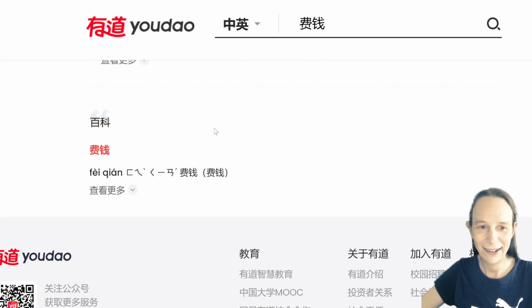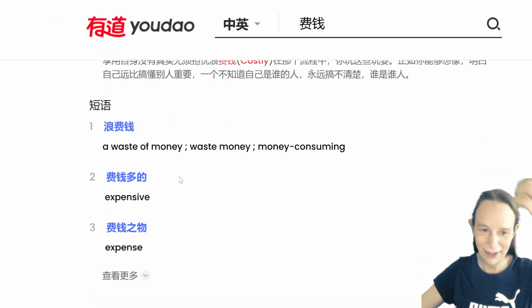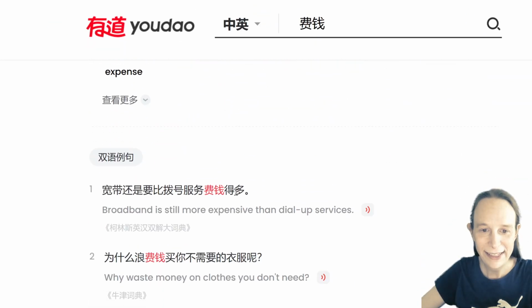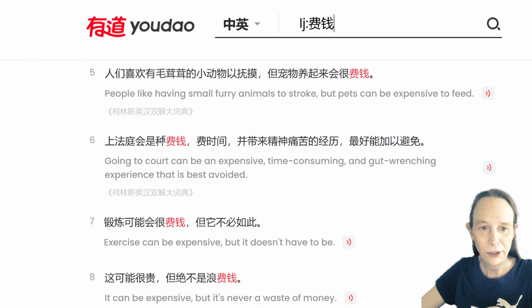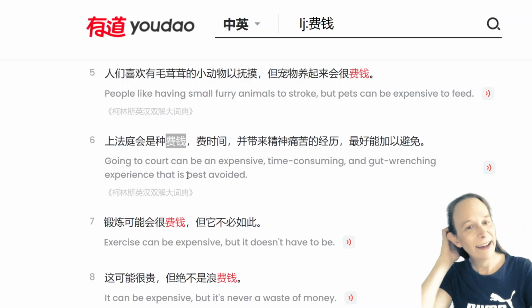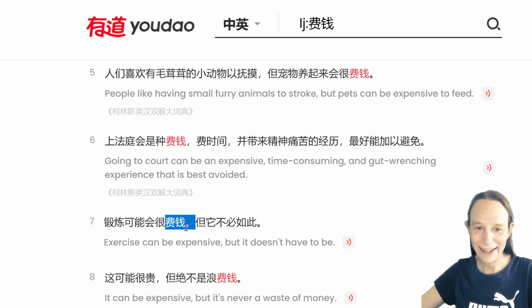Am I wrong? I'm sure it's a word. 这种费钱. Yeah. Surely it's a word. It's not in the dictionary. We're going to have to add it. Anyway, 费钱, expenses. Expensive.